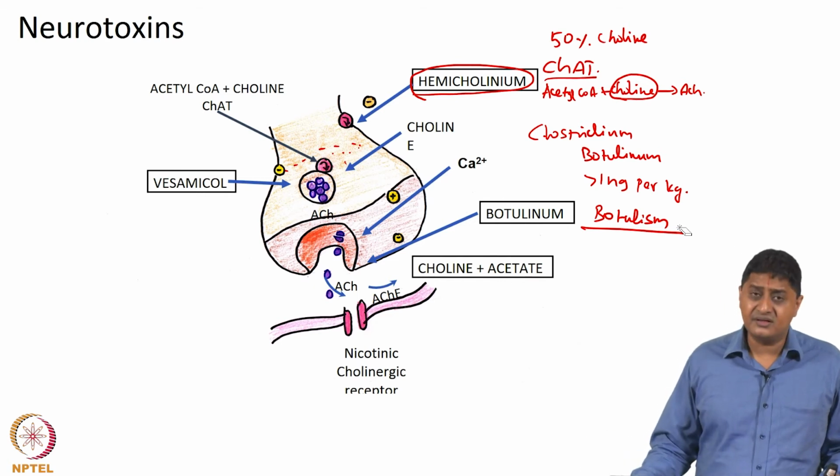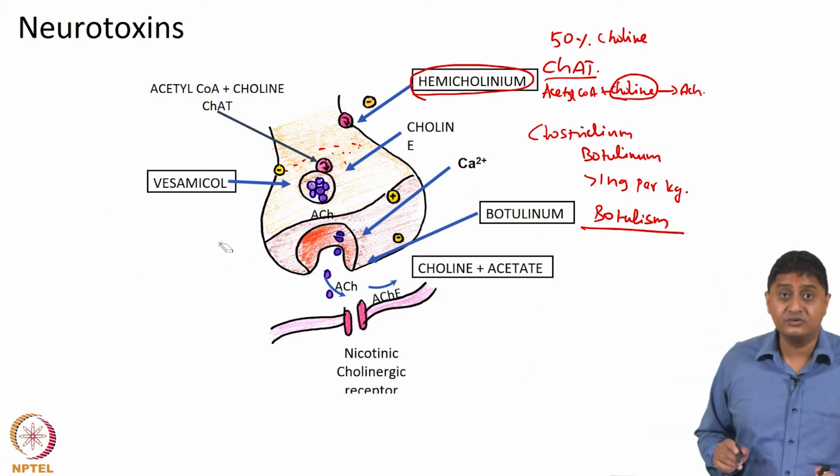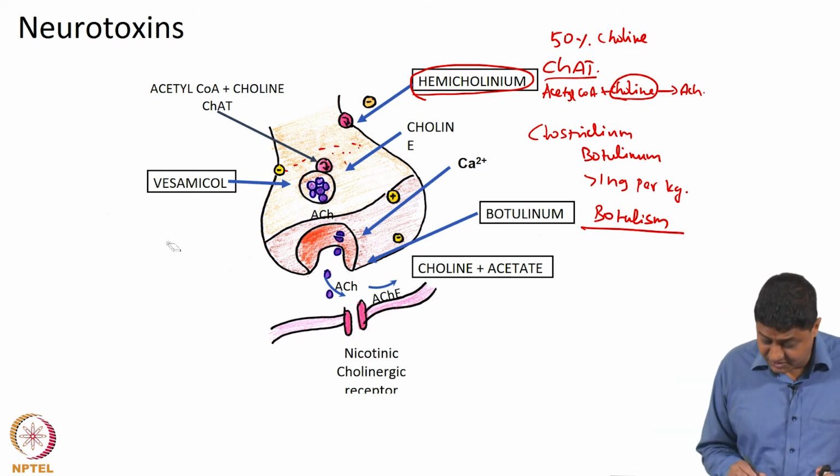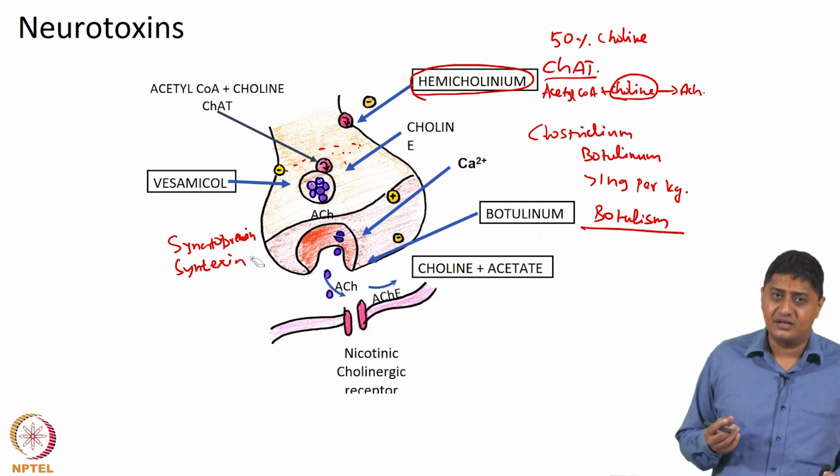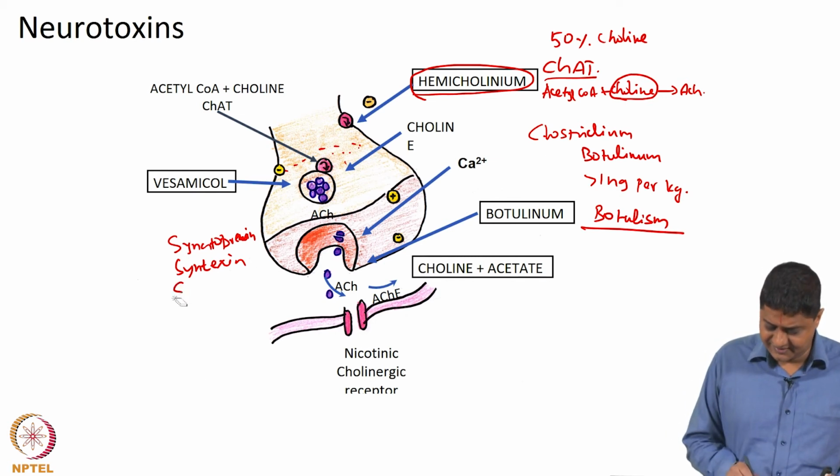Okay. How does botulinum toxin itself work? That is the question. The release of acetylcholine is caused by the action of synaptobrevin and syntaxin, which basically form a part of a group of proteins called snare proteins.